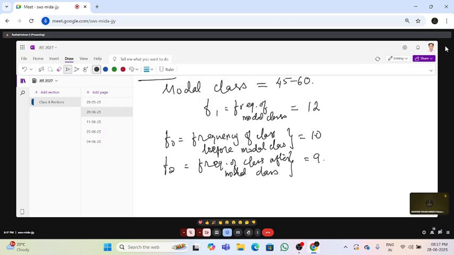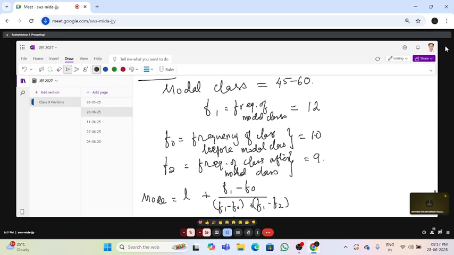Now mode equals L, the lower limit of the modal class, plus F1 minus F0 divided by F1 minus F0 plus F1 minus F2.